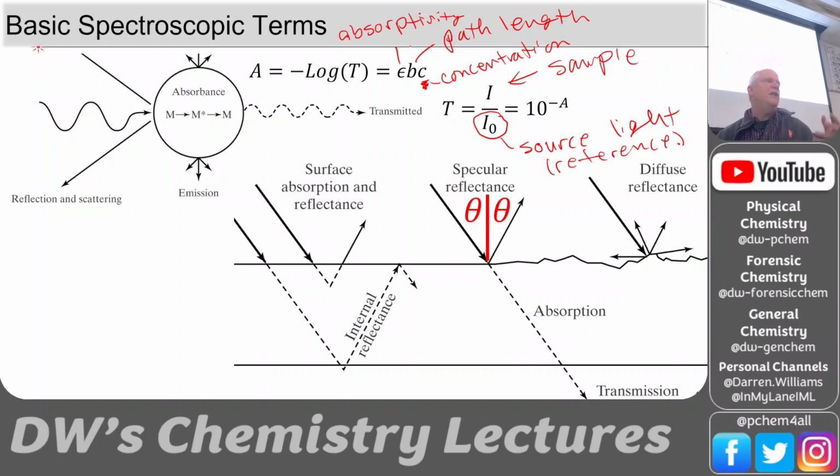If the concentration is in molarity, then it's the molar absorptivity, but it could be in any other units too. It's just that function of that substance that is absorbing light. So it's its native absorption, and then you add in the path length, and then you add in the concentration units. But notice it's log based, and so absorbance is equal to the minus log of I over I naught.